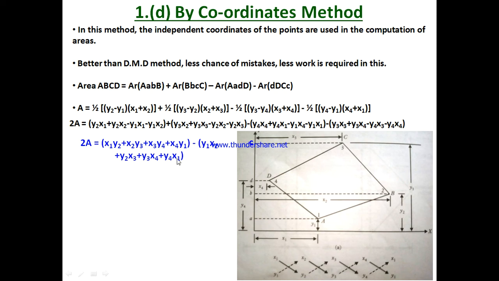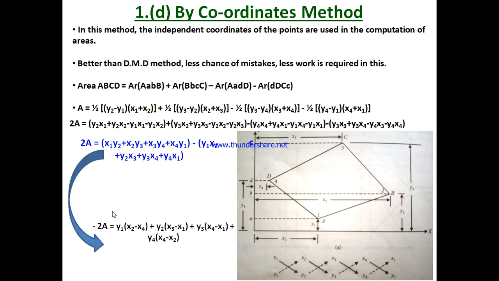If I consider this particular term as P and this particular term as Q, then 2A will be equal to summation of P minus summation of Q. Or we can also take out the common value of y1, and then x2 minus x4, x3 minus x1, x4 minus x1 and x4 minus x2. With the help of these terms we can play around with the coordinates and determine the value of area easily.